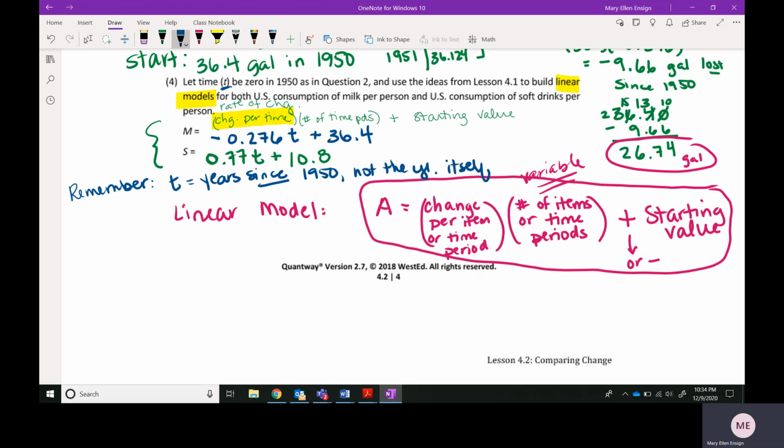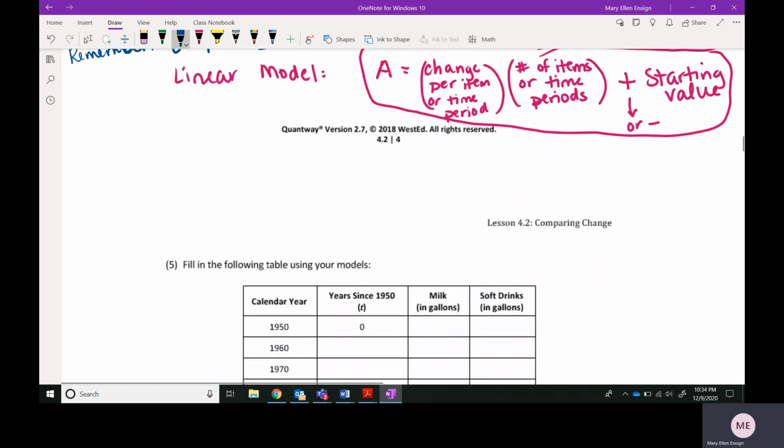So if we do that same example of 1985, I don't put 85 or 1985 in here, I put 35 in for t. Whatever I plug in there, the output will be the number of gallons of soft drinks or milk consumed that year.